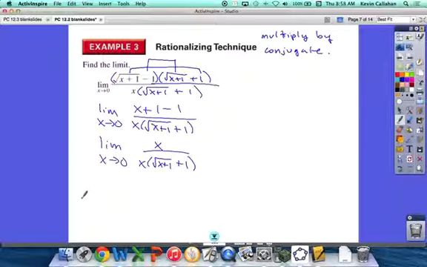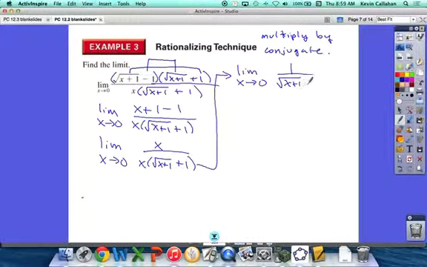Right? See the x factor, cancel. The limit as x approaches 0 of 1 over the square root of x plus 1 plus 1.